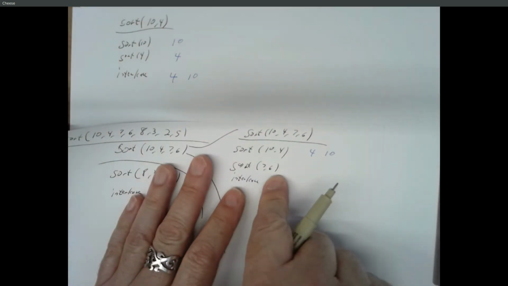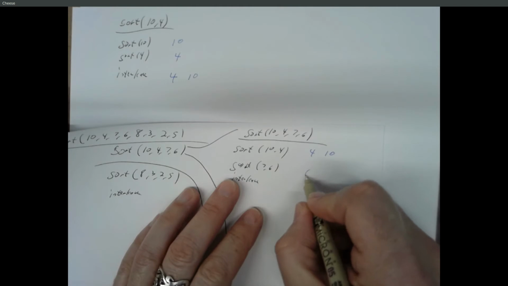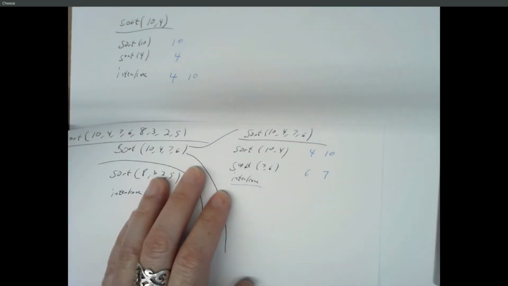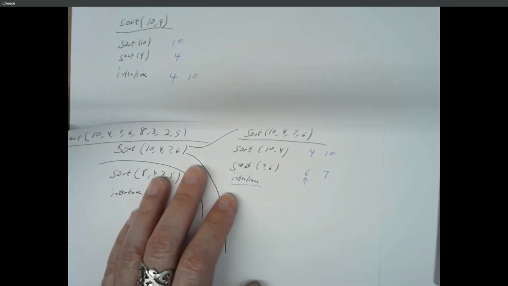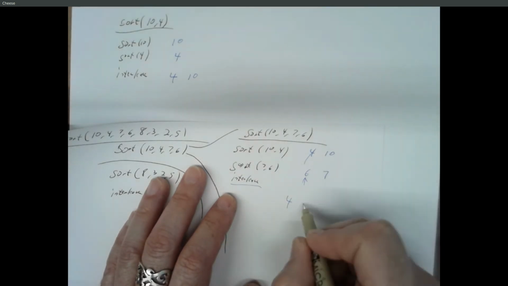Same thing when I sort 7, 6. It's going to sort 7, it's going to sort 6, it's going to interleave them. This is going to return 6 followed by 7. And now we're going to interleave those. So we pick the smallest element, which is a 4. Now we pick the smallest of 6 or 10, that's a 6.